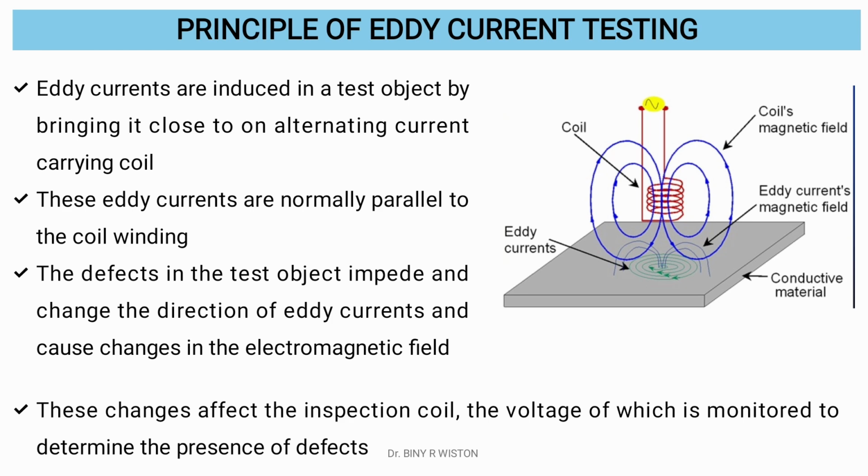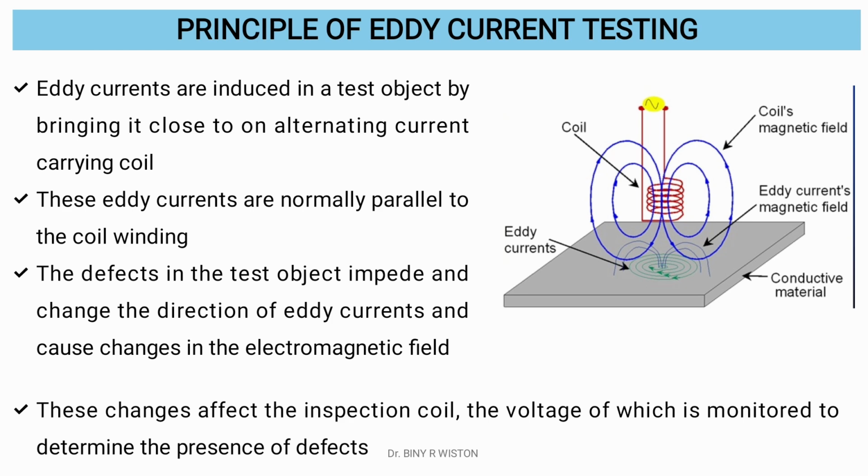The principle of eddy current testing lies on the basis of electromagnetic induction. In this method, eddy currents are induced in a test object by bringing it close to an alternating current carrying coil. These eddy currents are normally parallel to the coil winding.